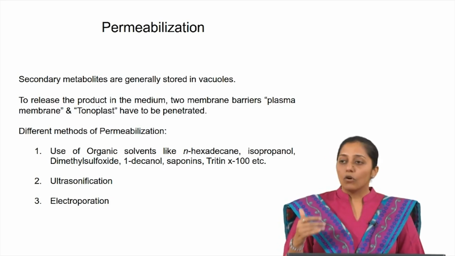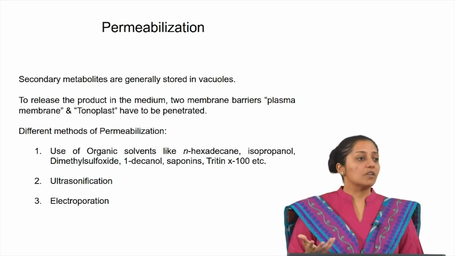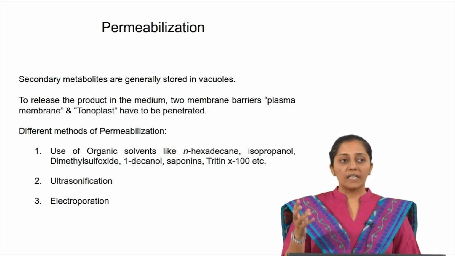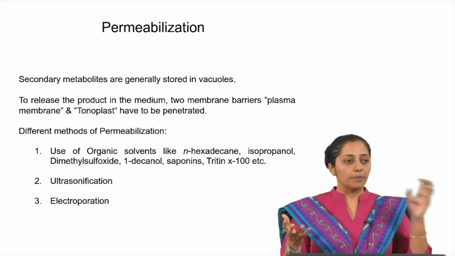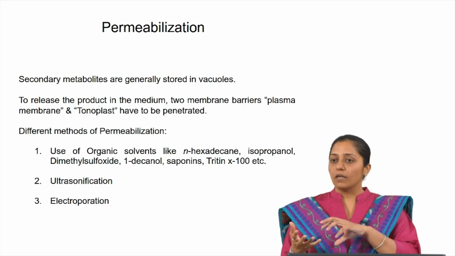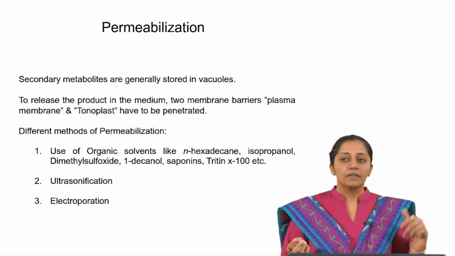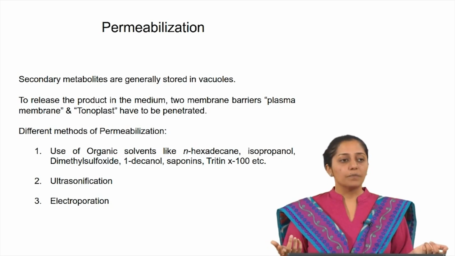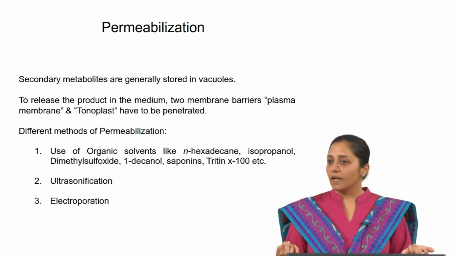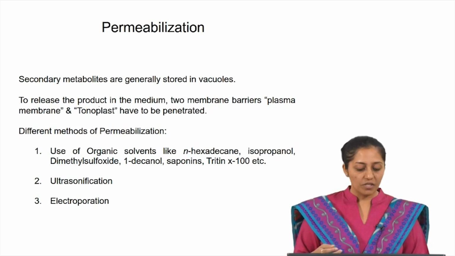They are also used for making the process continuous, so that you keep growing and the intracellular product keeps coming out into the medium and getting collected, so that there is improvement in productivity of the plant cell bioprocess. So it will make the process continuous.